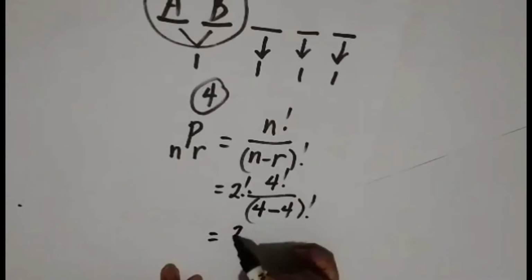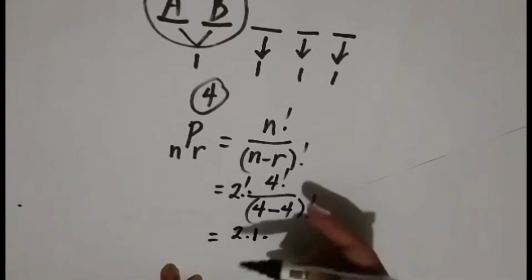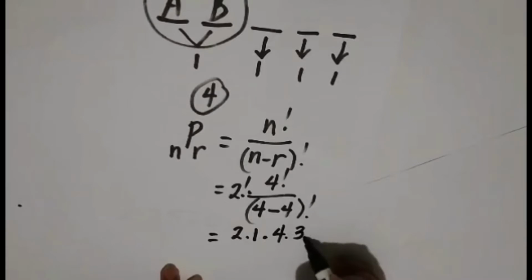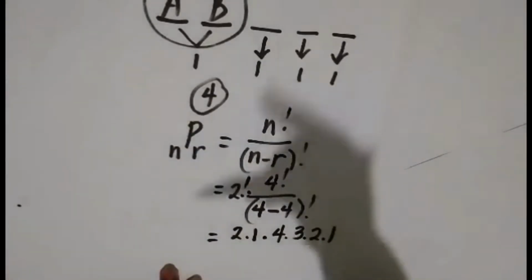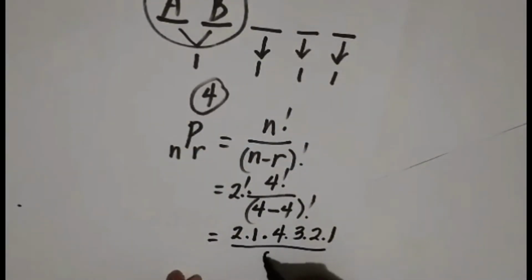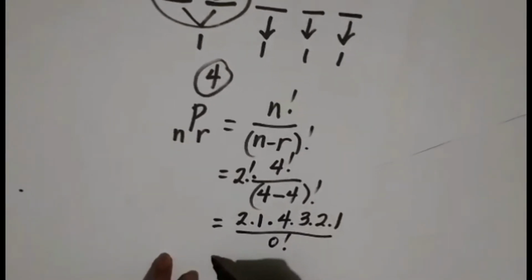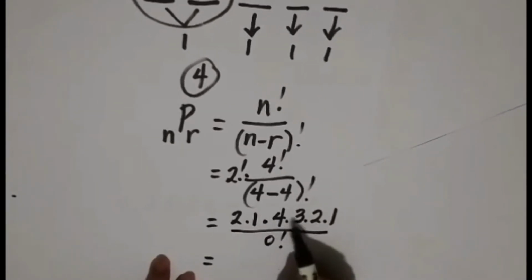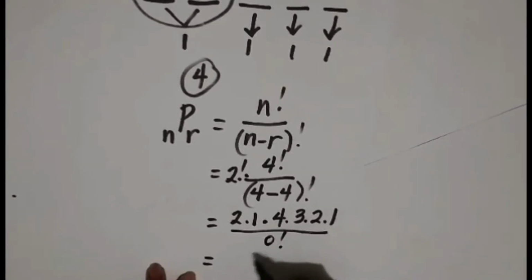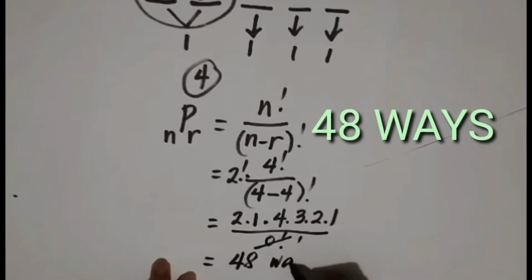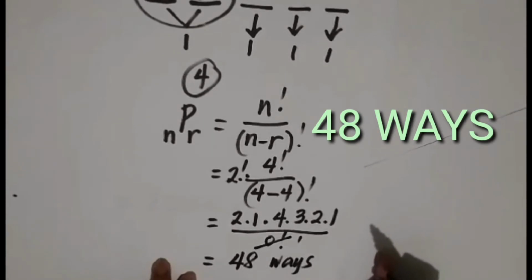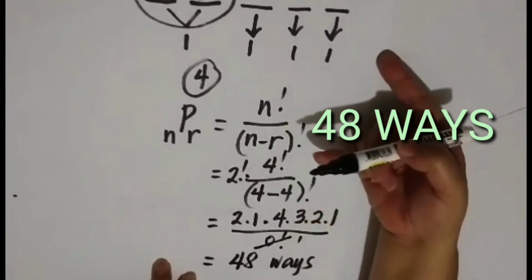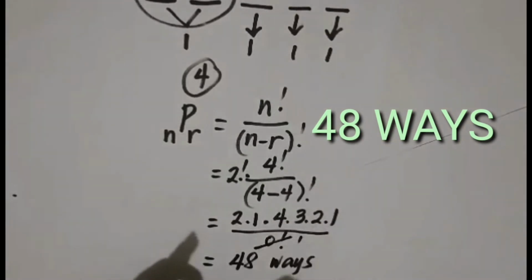We have 2 times 1 times 4 factorial, which is 4 times 3 times 2 times 1, over 0 factorial, is equal to, we have 2 times 4, 8 times 3, 24 times 2 is 48. 0 factorial is 1. Okay, so this is 48 ways. So there are 48 ways in arranging 5 students in a row where 2 of them insist on sitting next to each other.